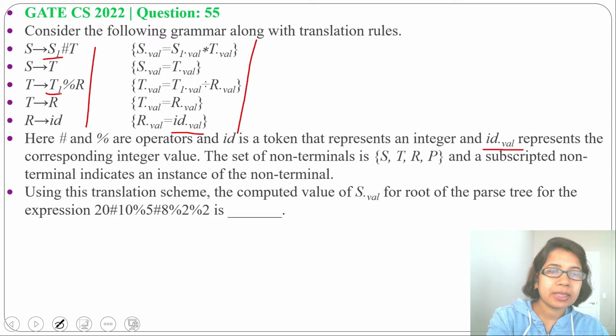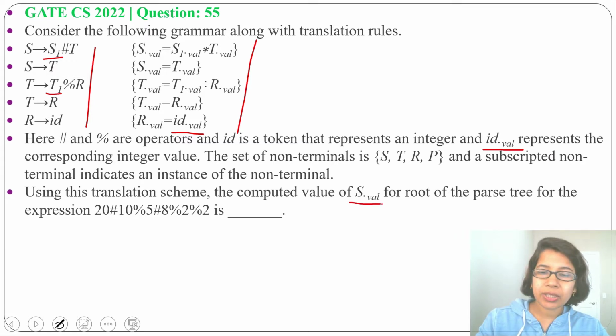So T1 is the instance of T, S1 is the instance of S, and both are the same. This subscript is just for identification. Using this translation schema, the computed value of S dot value for the root of the parse tree for the expression given is dash.